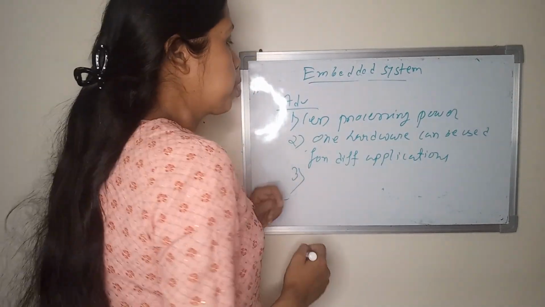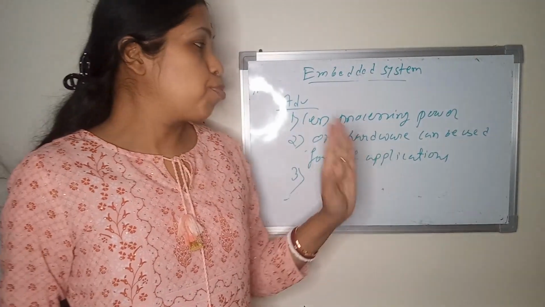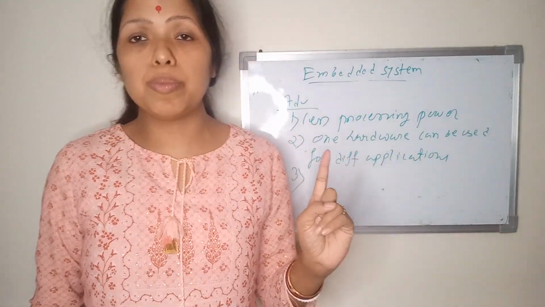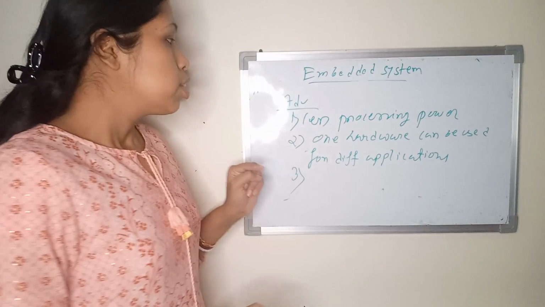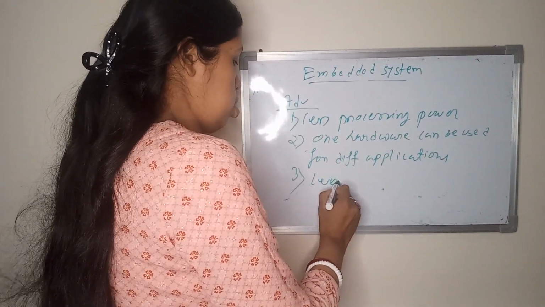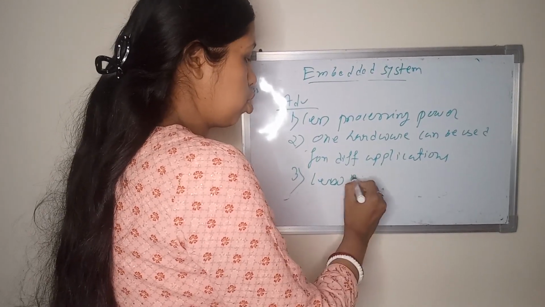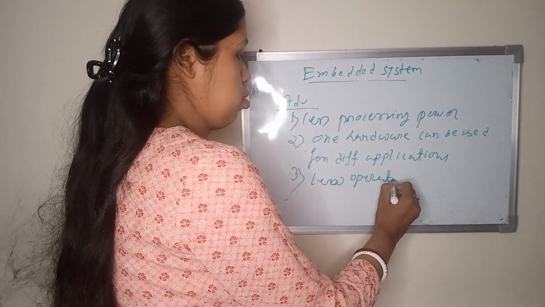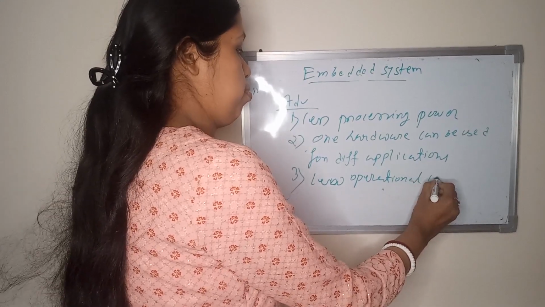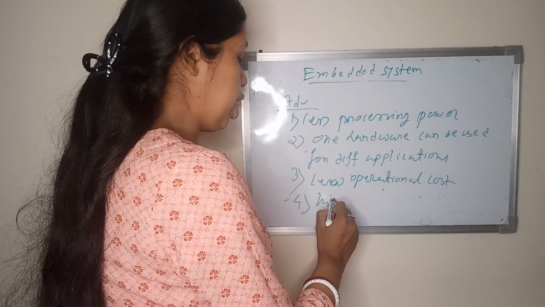Third, apart from the processing power, there is one parameter, that is cost: low operational cost. It is high performance and high efficiency.